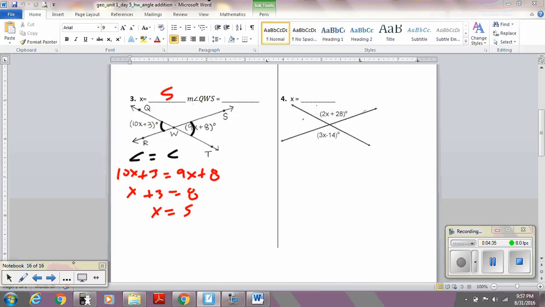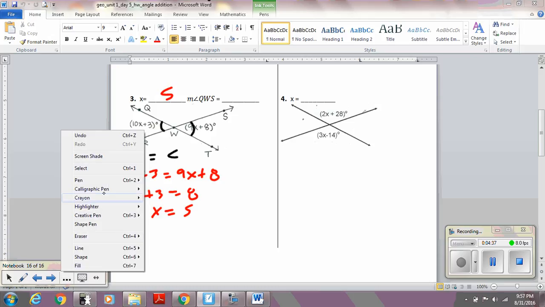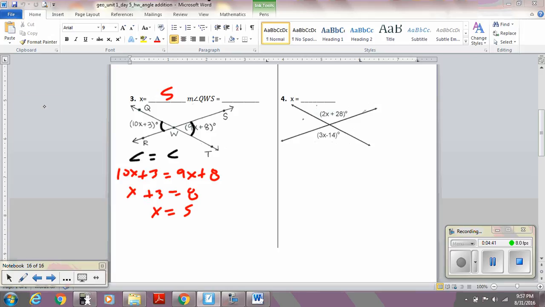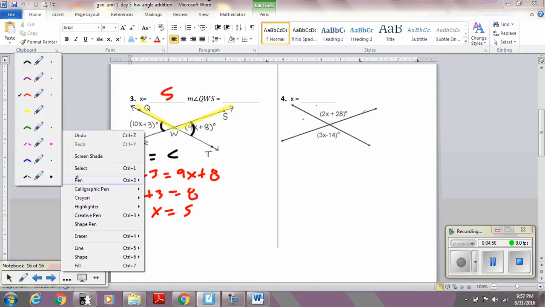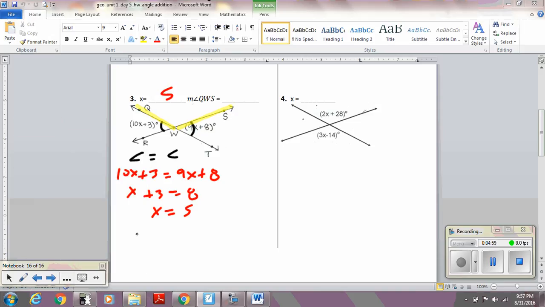Now it wants us to find the measure of angle QWS. And if I highlight that, start at Q, go to W, go to S, notice it's not one of the already provided angles. So what you would have to do is first find one of the provided ones.